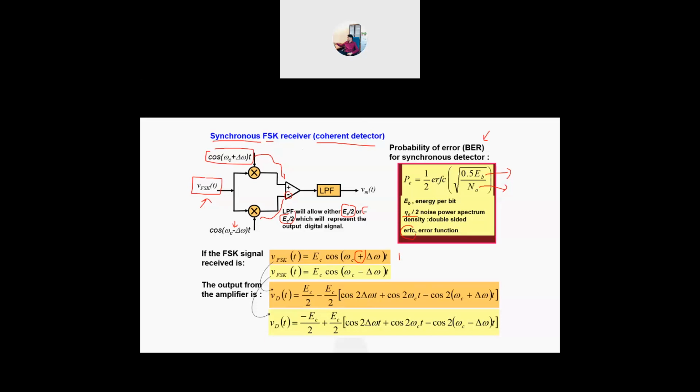The lower frequency usually will represent bit 0, and the higher frequency will represent bit 1. For example, this one, omega C plus theta omega, the frequency will be more, and this one will be less. So this one is bit 0. So you can have either bit 1 or bit 0.